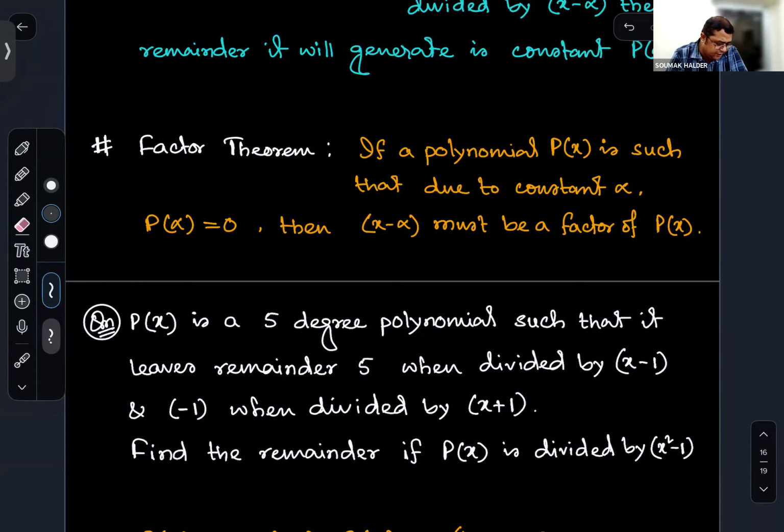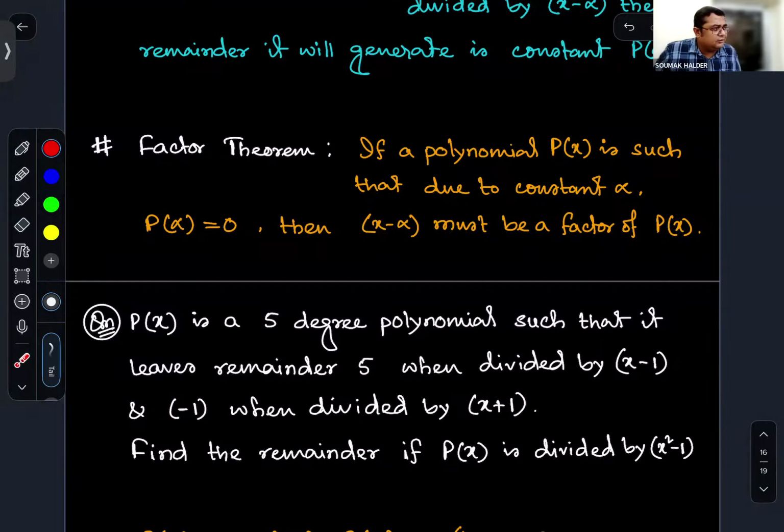A question is p of x ke যখন x minus 1 দিয়ে divide করছি, that's a 1 degree divisor. তাতে remainder আসার কথা lesser degree, that means constant. It has maintained to be so. Even যখন x plus 1 degree divisor দিয়ে divide করেছি, the remainder is supposed to be a constant and it has happened to be so minus 1.